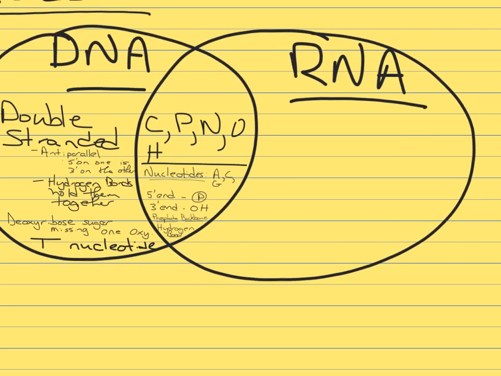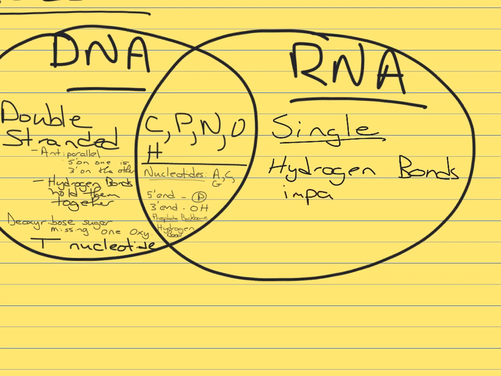RNA is the what? Single-stranded. It's pretty much a lot of opposites. There's no antiparallel because there's only one strand. So that's the thing. The hydrogen bonds impact its shape.